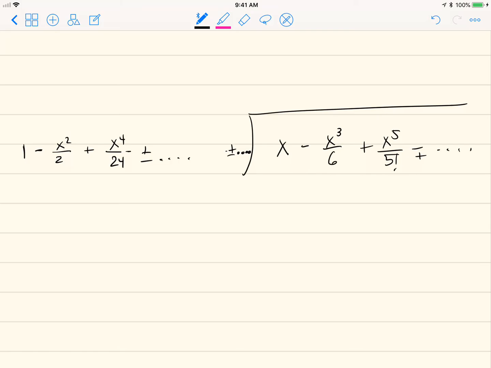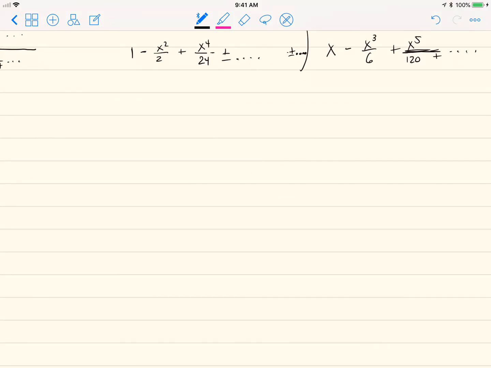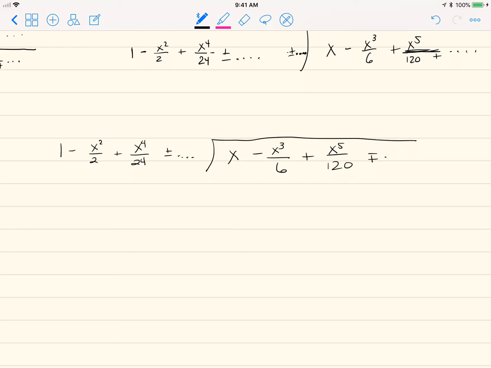What is 5 factorial? 5 times 4 is 20, times 6, which will be 120. Okay, so now, rewriting it a little bit, we'll have 1 minus x squared over 2 plus x to the 4th over 24 plus minus dot dot dot goes into x minus x cubed over 6 plus x to the 5th over 120 minus plus dot dot dot.